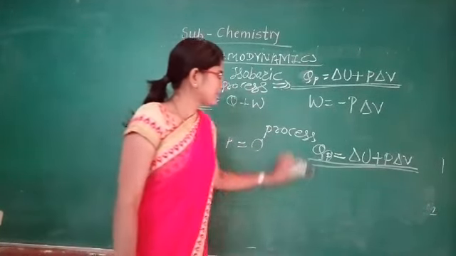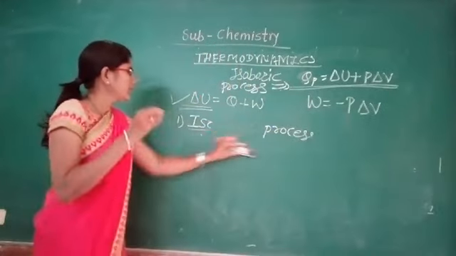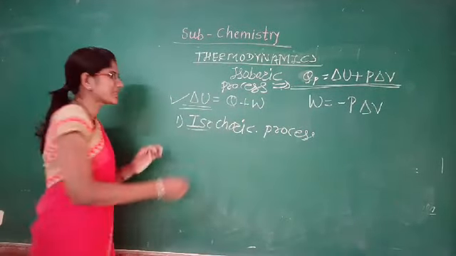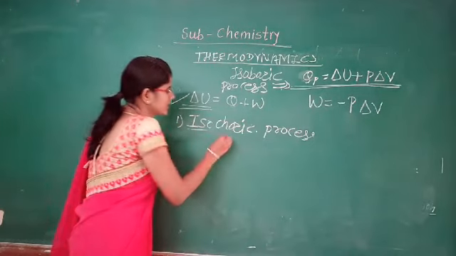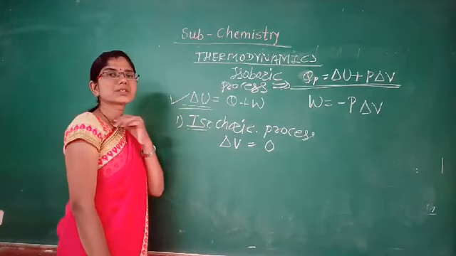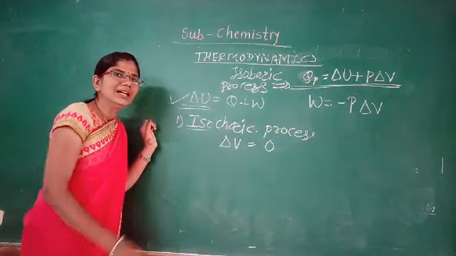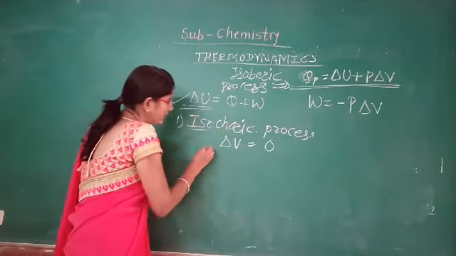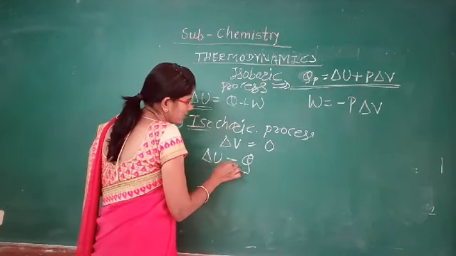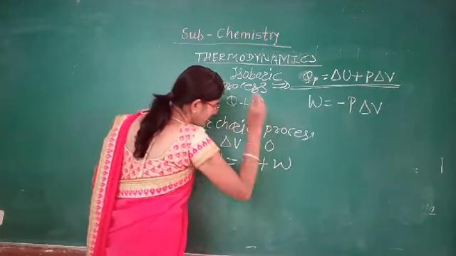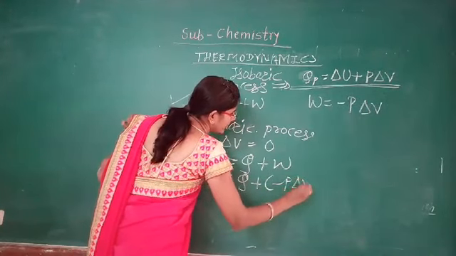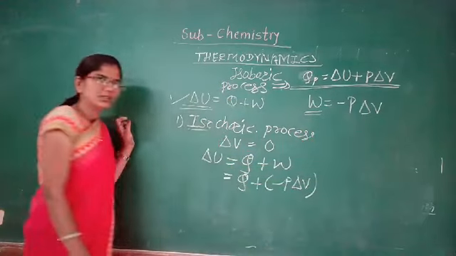So next we have seen the isochoric process. नंतर आपण कुठली प्रोसेस बघितली होती? Isochoric process is the process in which the change in volume remains constant, and therefore we have the expression of the first law of thermodynamics as delta U equal to Q plus W. Here we can write W as minus P delta V, as we saw from this formula.